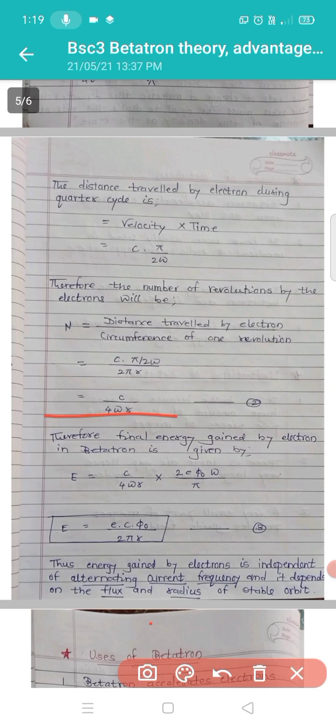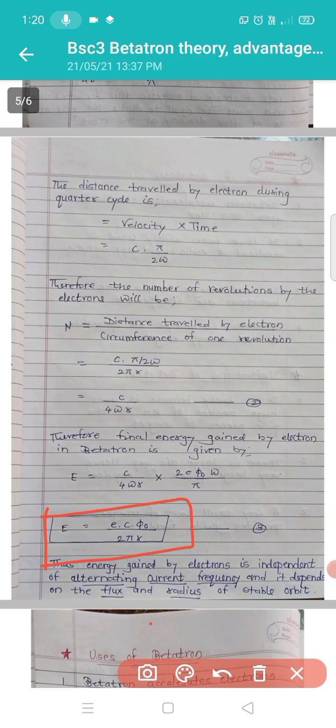Therefore, the final energy gained by the electron in betatron is given by E equal to c/4ωr into 2eφ0ω/π. Further solving it, we get the energy gained by the electron E equal to ecφ0/2πr.